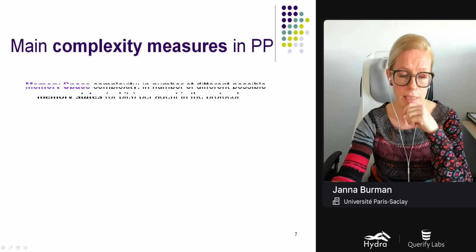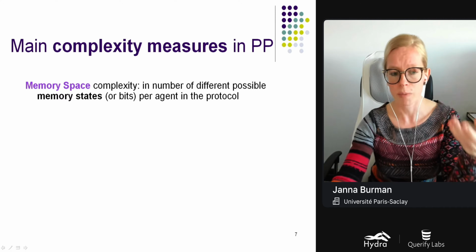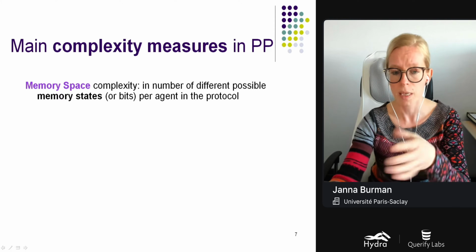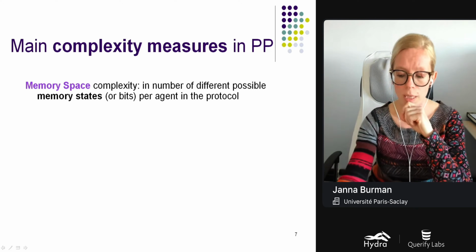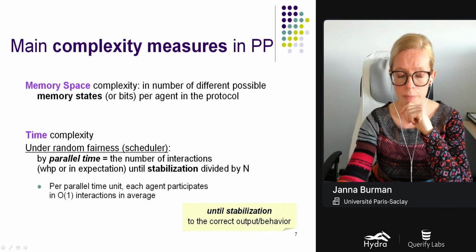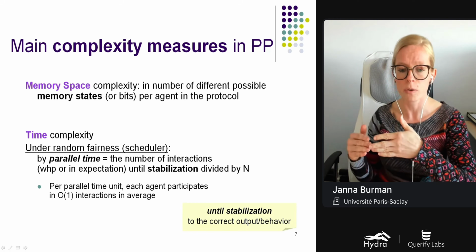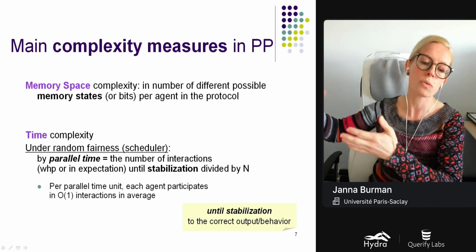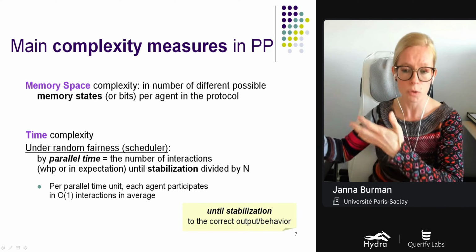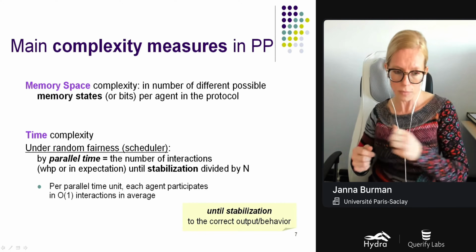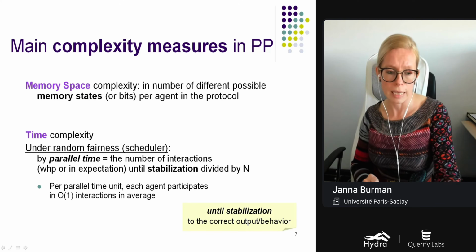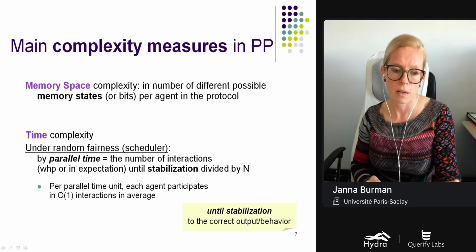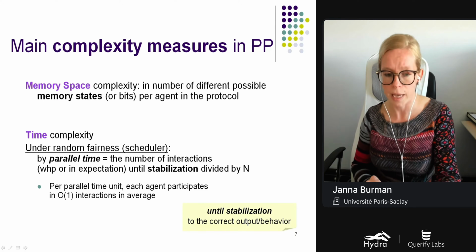This is the memory space, in terms of the number of states or bits per agent in the protocol, and also time, in terms of the number of interactions until stabilization to some correct output or good behavior of the system.